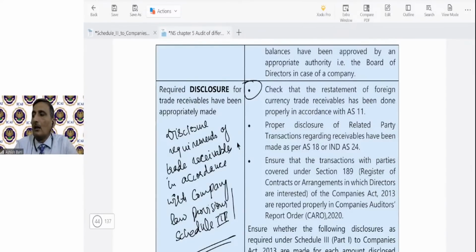The effect of these types of transactions is dealt with in AS 11. So suppose the company has made sales of say 1,000 US dollars to a buyer in February 2023, but the payment is still outstanding as on 31st March 2023.